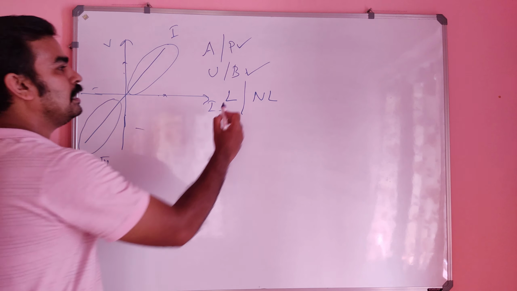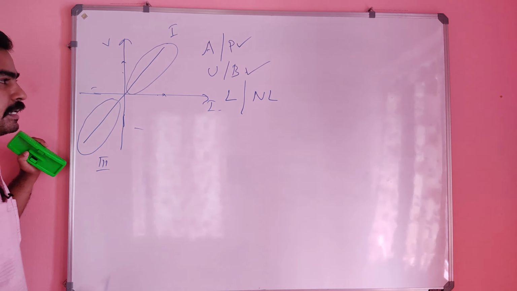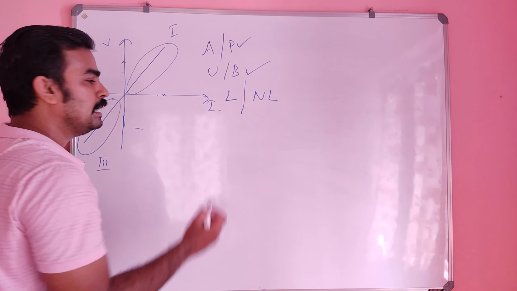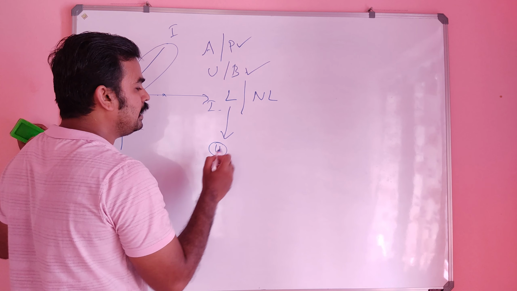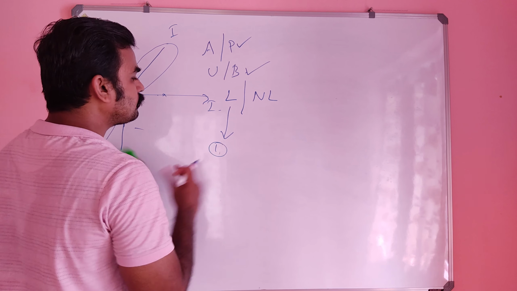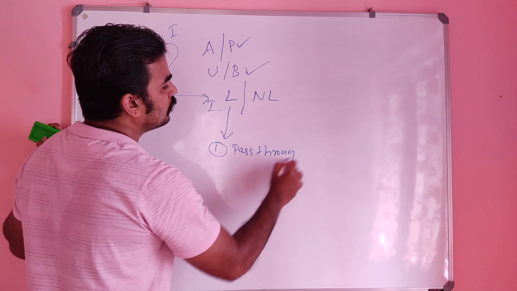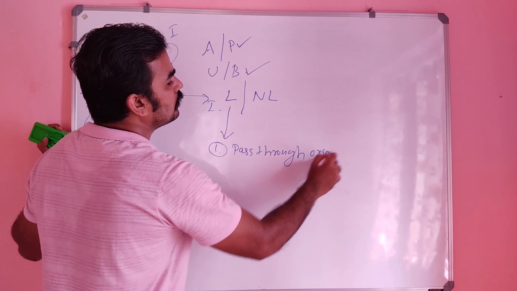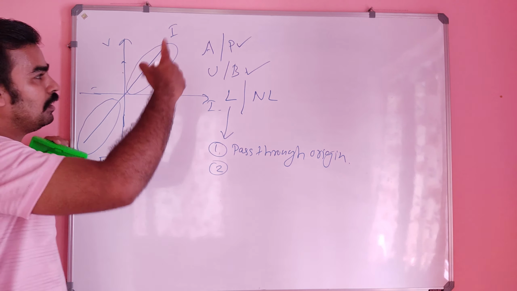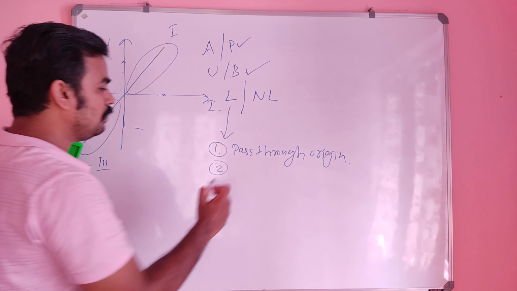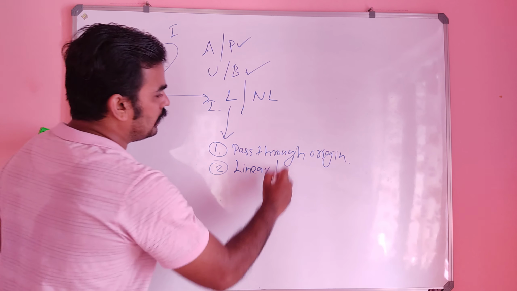And let's see linear or non-linear. There are two conditions actually for linear. The first condition is it should pass through the origin. And the relationship will be linear, I mean a straight line.